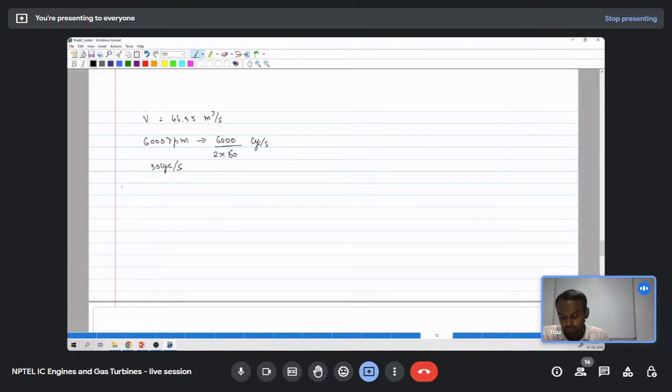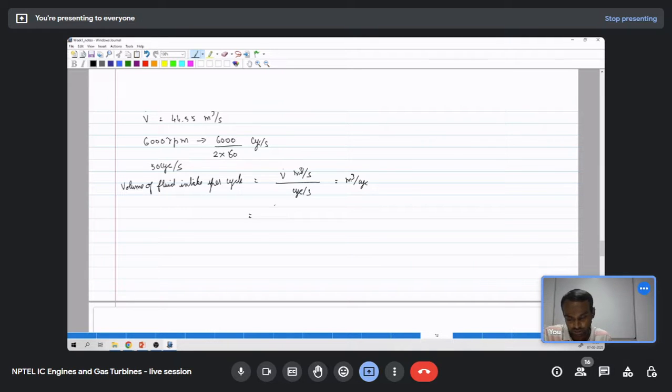Now the volume of fluid intake per cycle is the volumetric flow rate in meter cube per second divided by cycles per second. Seconds get cancelled, and we will have meter cube per cycle.